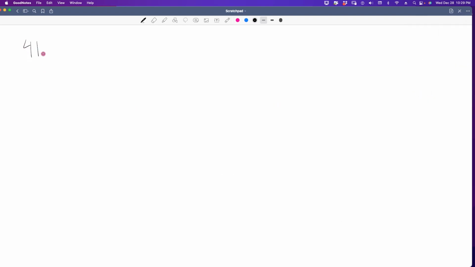So 41.7 says, find 12 permutations at 4 at a time. So that's going to be P12 4 is equal to n, which is 12, and then n minus r, which is 4, factorial.